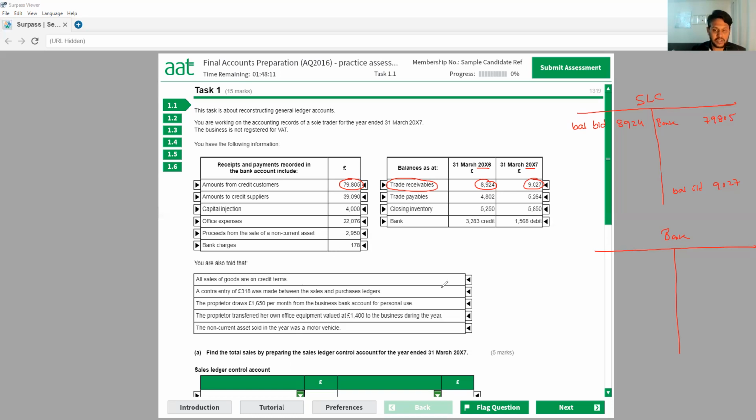Then we have a contra entry. This one we have to take as a contra entry, so we're going to write the opposite. On the sales ledger control, we'll write purchase ledger control. On the purchase ledger control, we're going to write sales ledger control. So we're going to write PLCA, and that is 318. And that's it. All these things link with the sales ledger control.